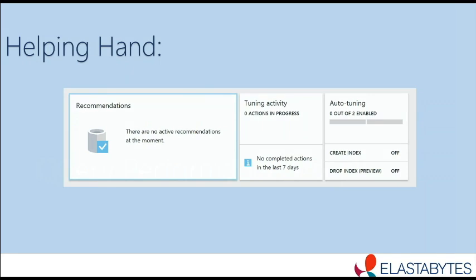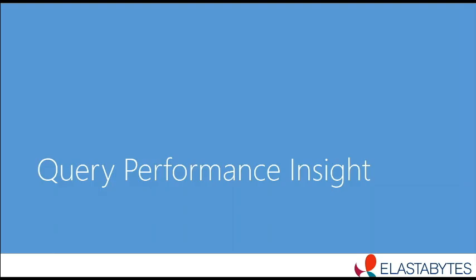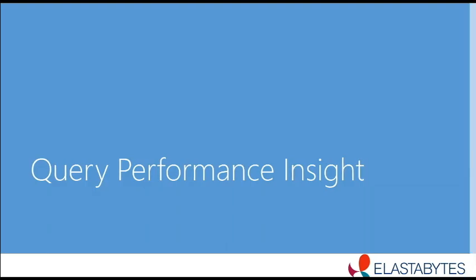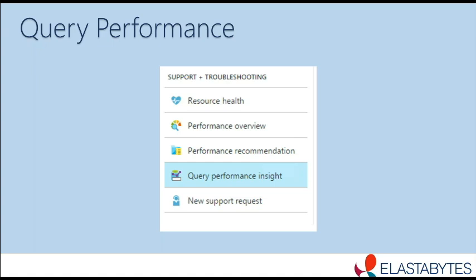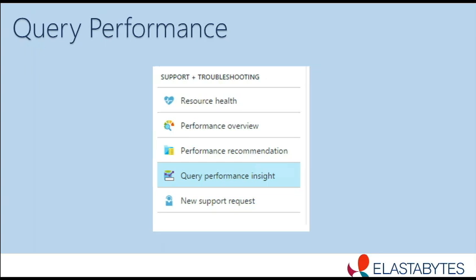Query performance insights. Once again, this is the menu from the Azure portal where you get the query performance insights option, and it will show you different queries on your SQL Server.